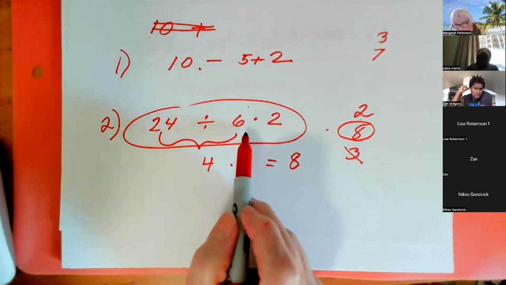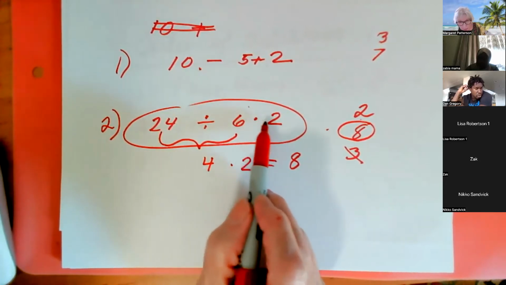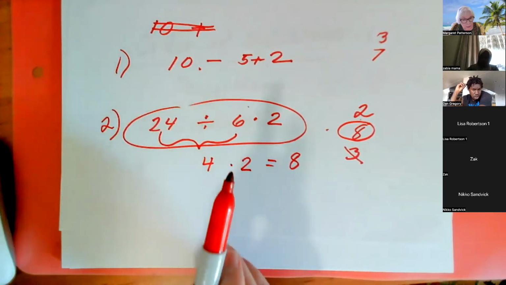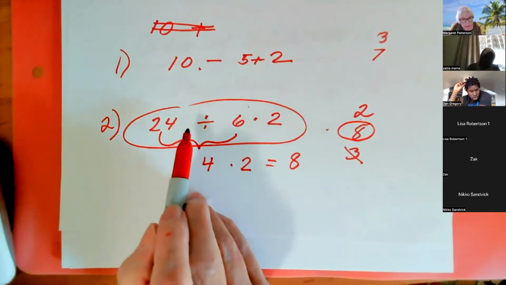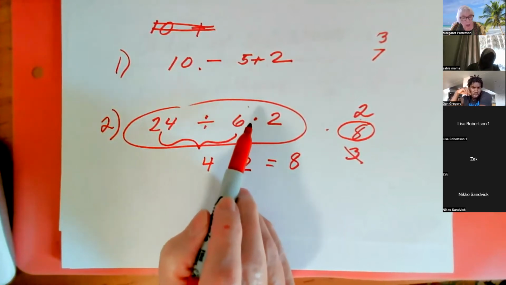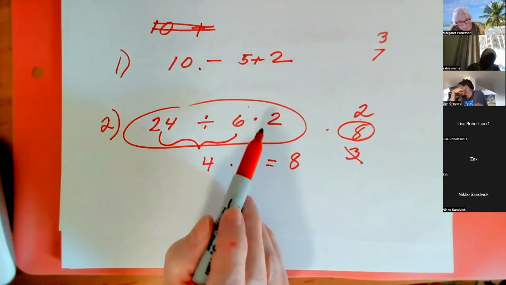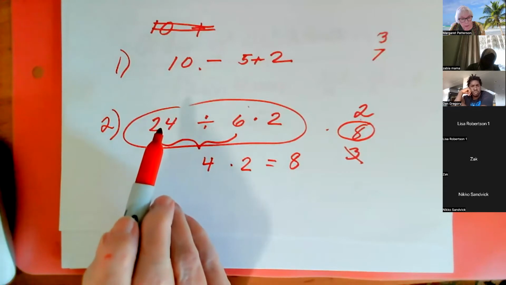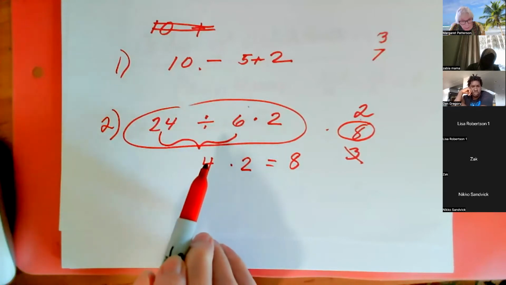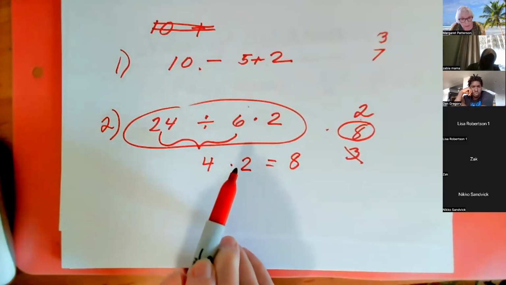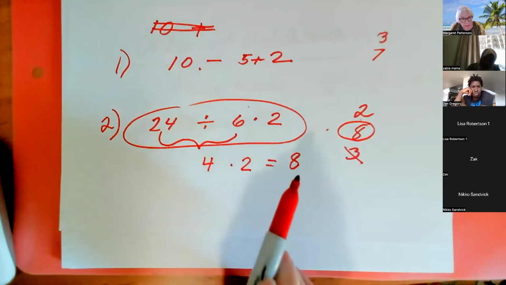So although I made it so that you were tempted to do this first, that was not the correct step. The correct step, because divide and multiply are equal in priority, you go left to right. And so you had to go 24 divided by 6 is 4. That part's done. Multiply by the 2, that's 8.